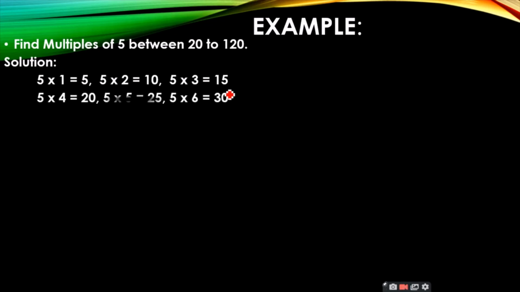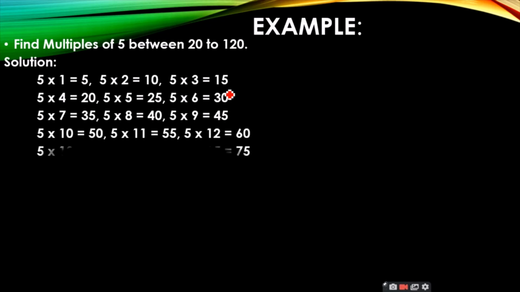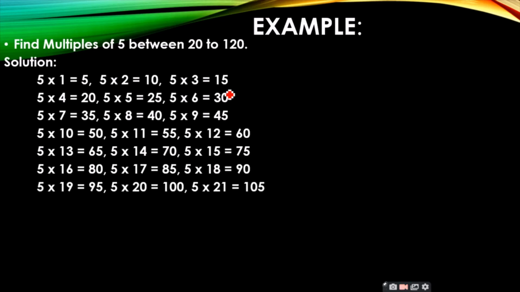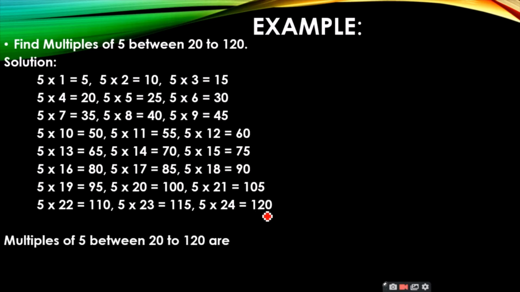I have multiplied 5 by the counting numbers till I get 120, and 5 multiplied by 24 gives 120. Now we have to find the multiples of 5 between 20 and 120. So we start from this.